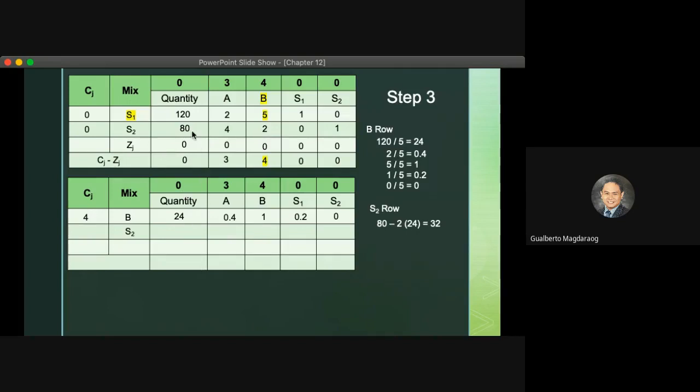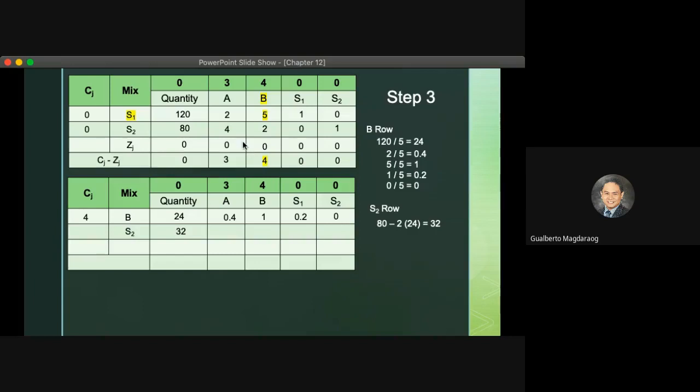So ulit, 80 minus 2 times 24. 80 minus 2 times 24 equals 32. So you follow the same procedure in the following column.